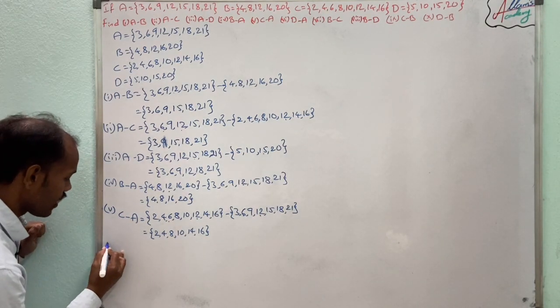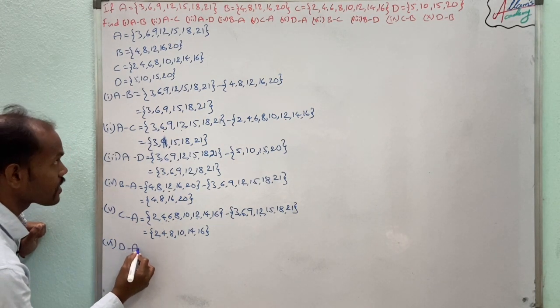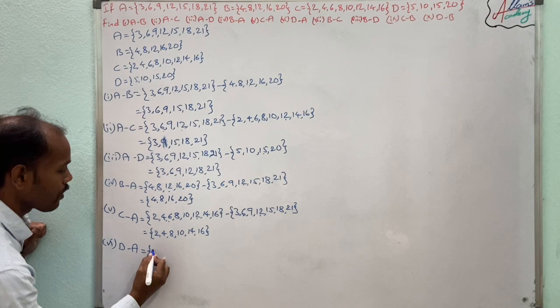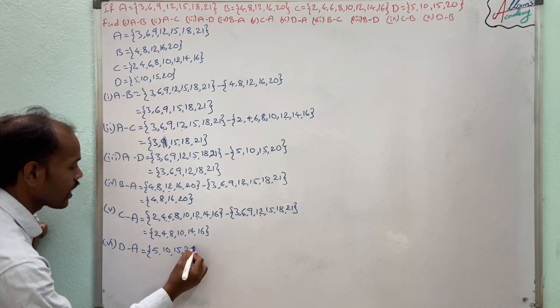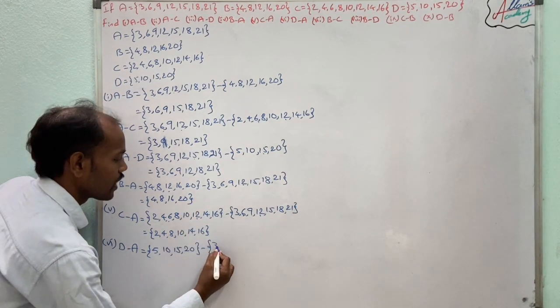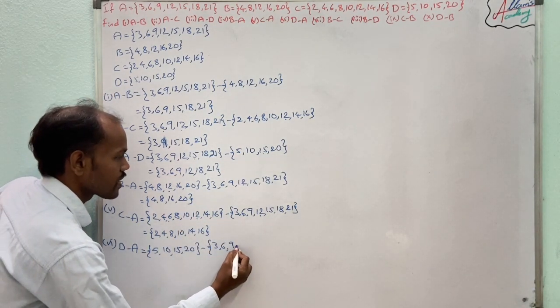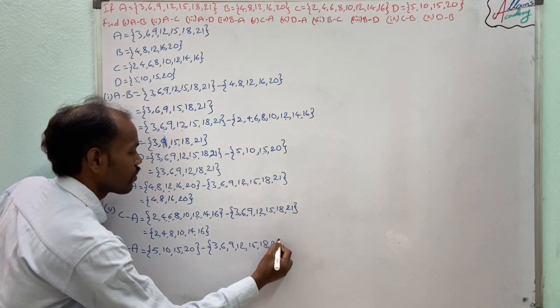Now we see D minus A, the next problem. D is the set with the elements 5, 10, 15, 20. Now the set A has the elements 3, 6, 9, 12, 15, 18 and 21.